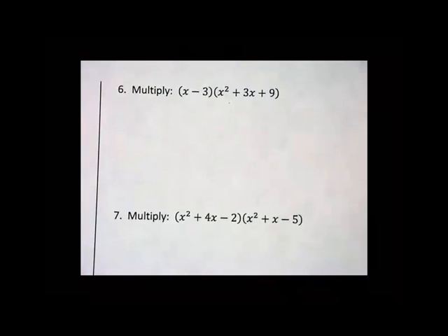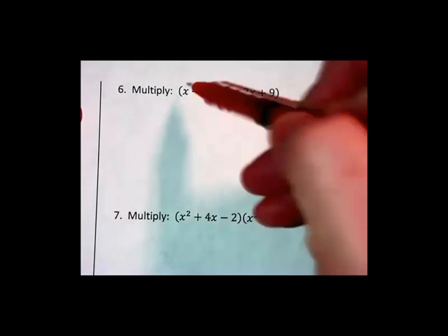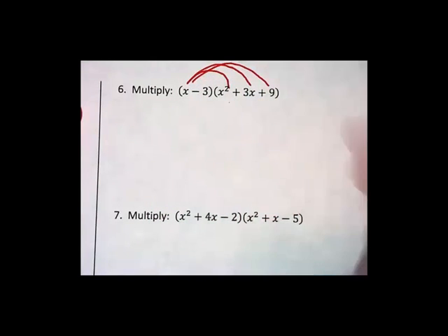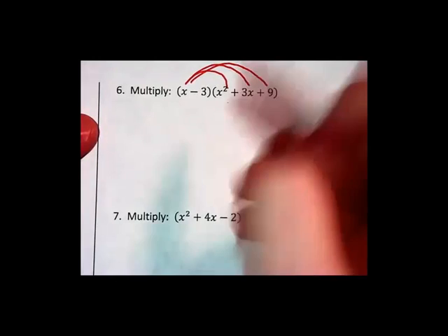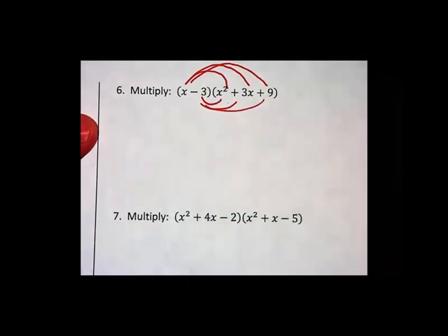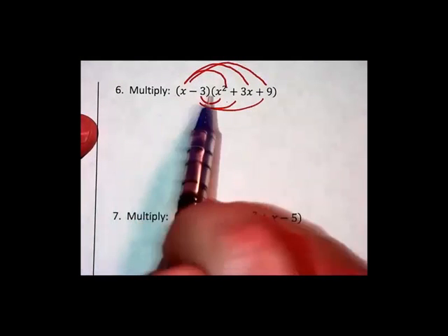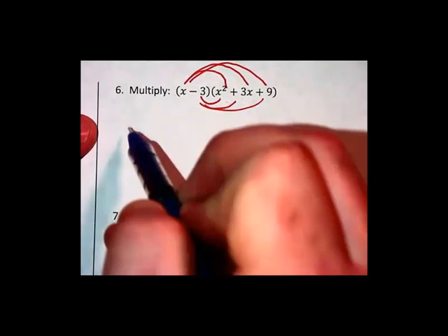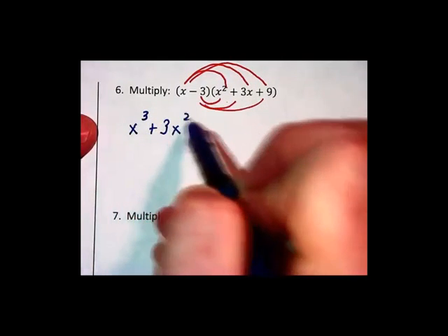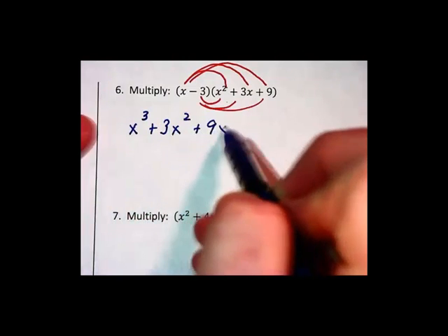Continuing on. We now have a binomial times a trinomial. So the x in the first parentheses is going to begin to multiply by everything in the second parentheses, and then the negative 3 is going to get its turn to multiply by everything in the second parentheses. So we'll begin with the distribution by x. X times each thing on the right there gives us x to the 3rd plus 3x squared plus 9x.